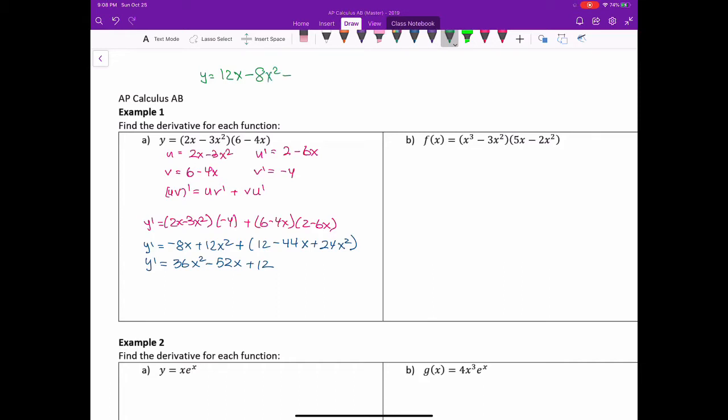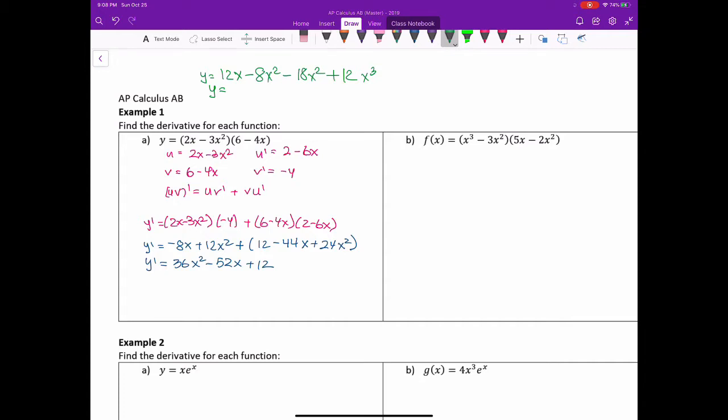Inner minus 18x squared, last plus 12x, and then combine. I can rearrange it a little bit.